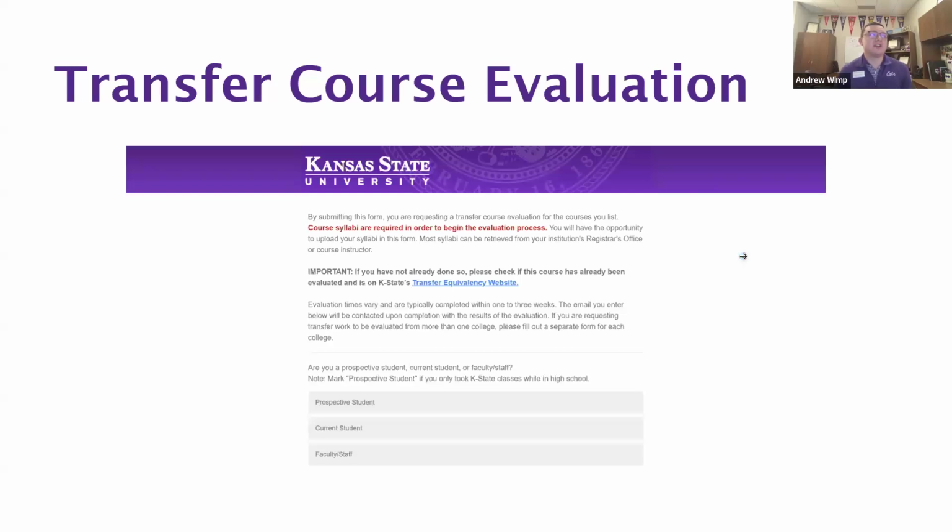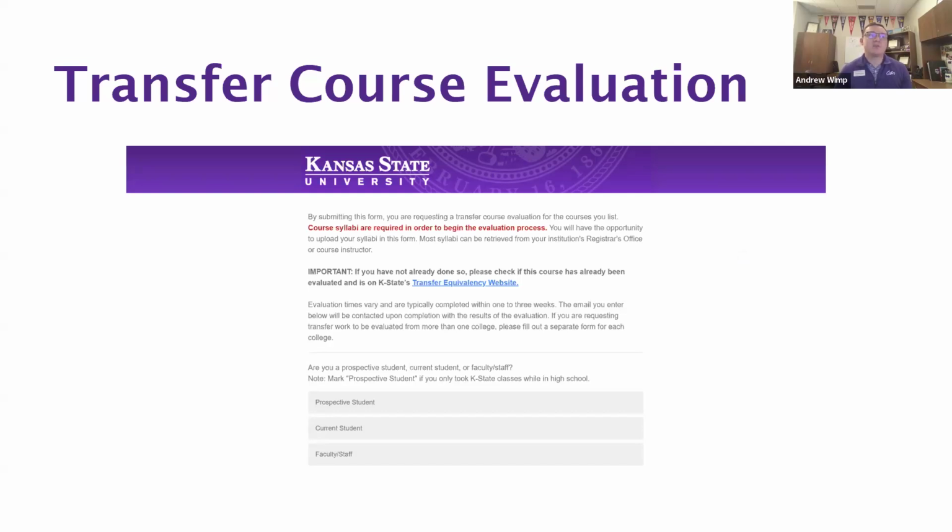This is an example of that transfer course evaluation. So if for some reason your courses aren't listed on our transfer equivalency tool, you are able to select this tool here and walk through the process of getting that evaluated.